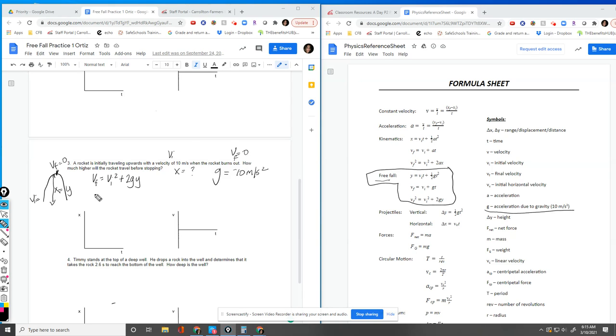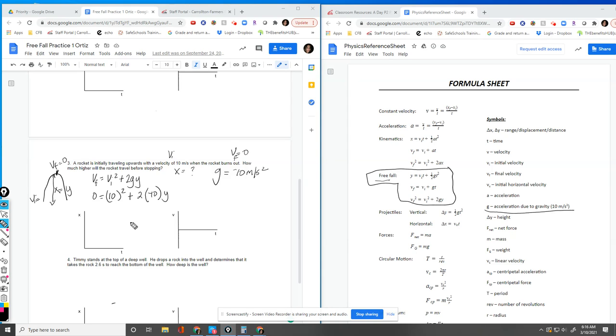So VF is 0. VI is 10, so 10, and don't forget the square that is in the equation, plus 2 times G, which is negative 10, times Y. That's what we're trying to solve. So we don't know it, right?